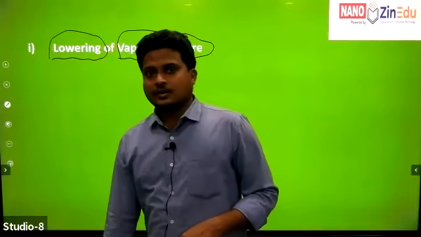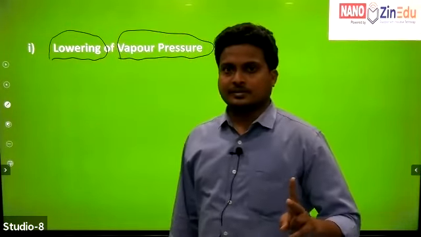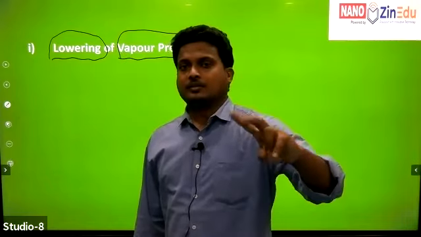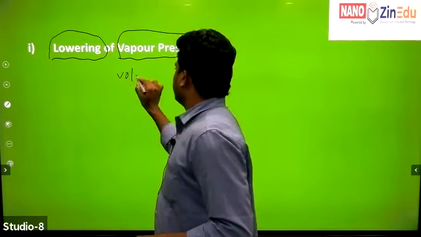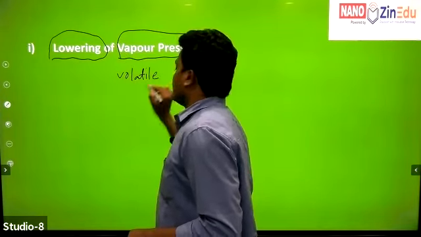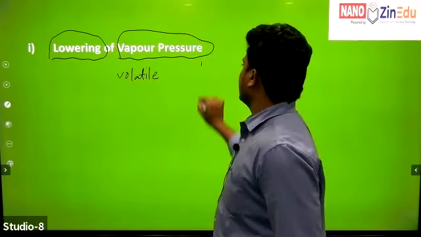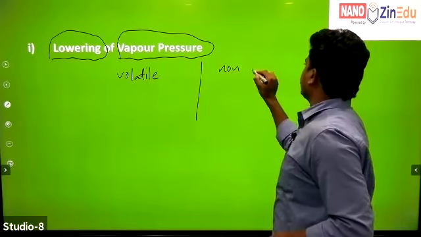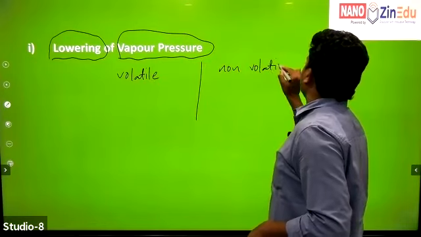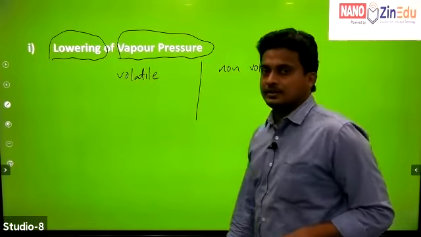Generally we have two types of solutes: volatile solutes and non-volatile solutes.